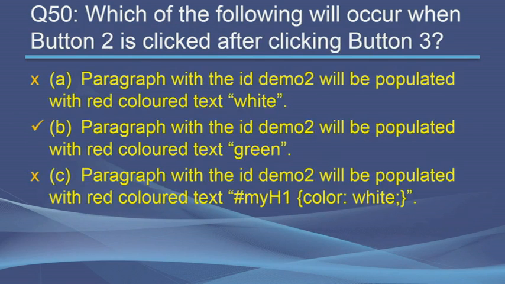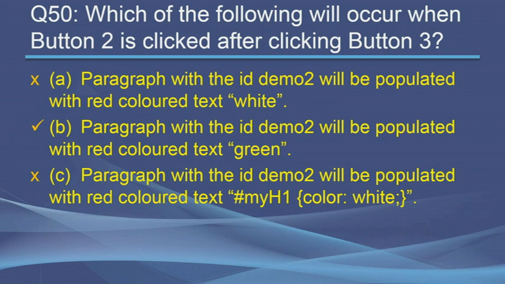And then our final question in this revision set, question number 15, your 2015 exam paper: which of the following will occur when button 2 is clicked after clicking button 3? What is important to know is when button 3 is clicked, the header 1 will become green.